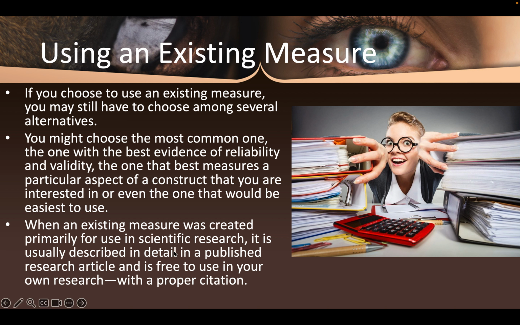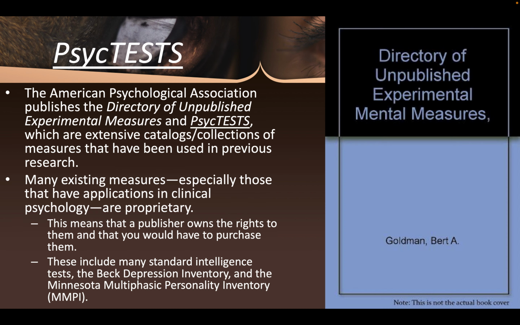Now, this whole free thing, usually what you have to do is write a letter to the people that publish the measurement, and they will allow you to use it. That's all you have to do. Got a little tricky for me, and I'll talk about that.